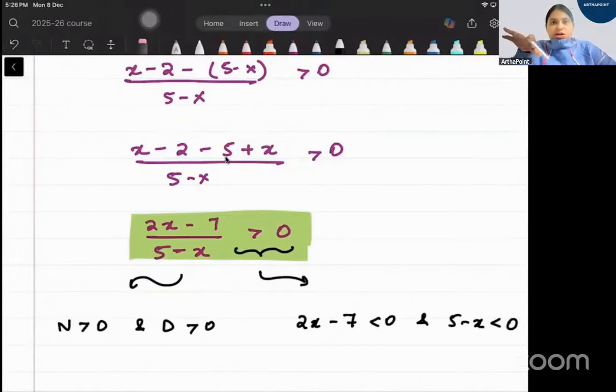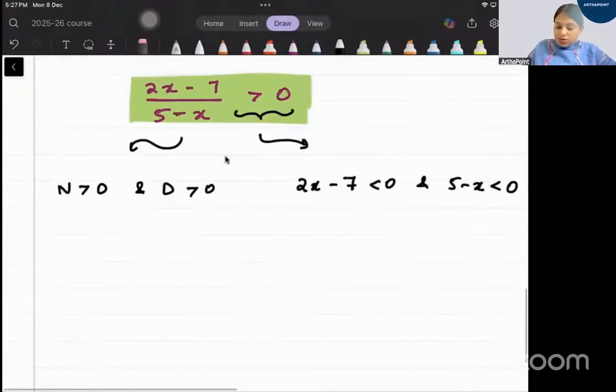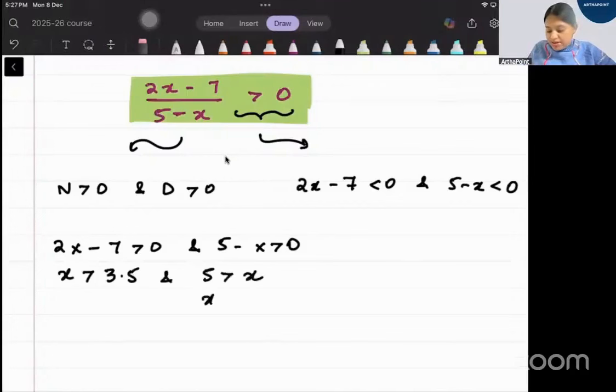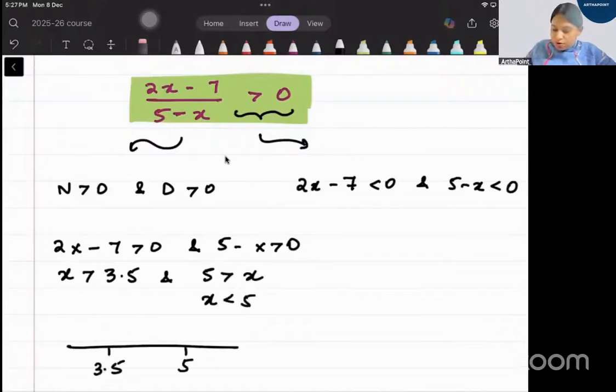Under these two circumstances, the fraction will be positive. Solving the first circumstance: 2x minus 7 greater than 0 and 5 minus x greater than 0, so x greater than 7 by 2, that means 3.5, and 5 greater than x, so x less than 5. If I combine these two, x should be between 3.5 and 5.